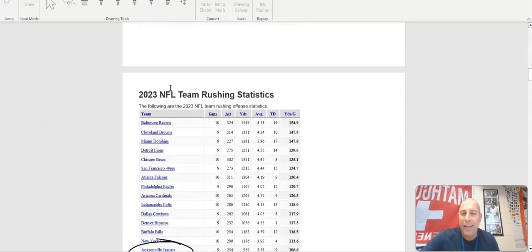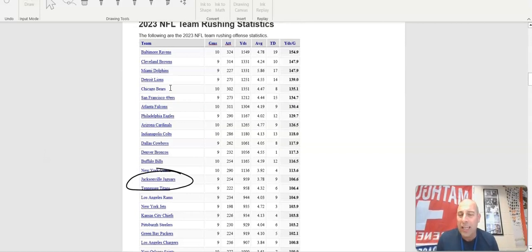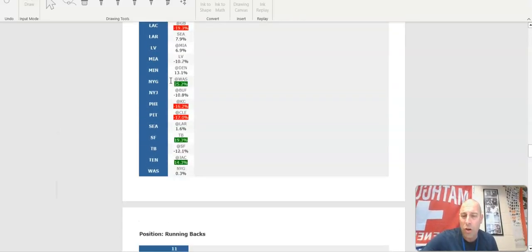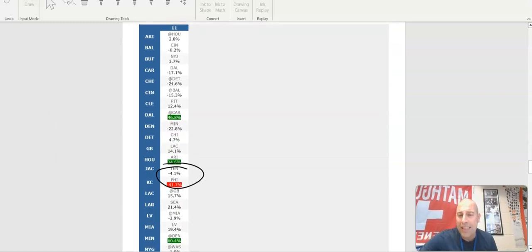So let's see what they do, though. Team rushing. All right, well, okay. Detroit's up there. You can see right here, Detroit has a good rushing team. So we've got good on good that's happening here. I'm going to dig a little bit deeper into this. There's quarterbacks, running backs. All right.